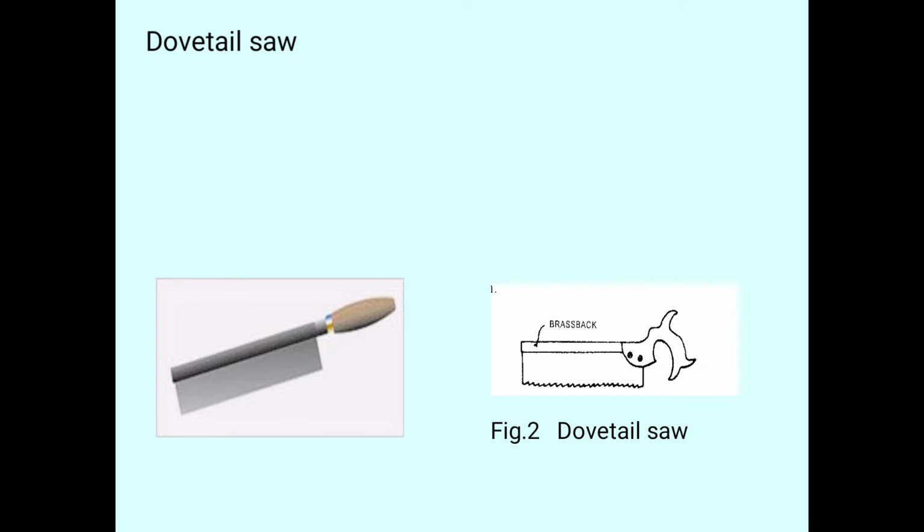Next saw is the dovetail saw. Now we can see the diagram of a dovetail saw. It is similar to the tenon saw, but the size is smaller.